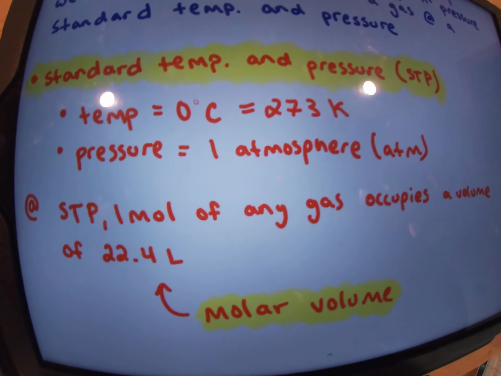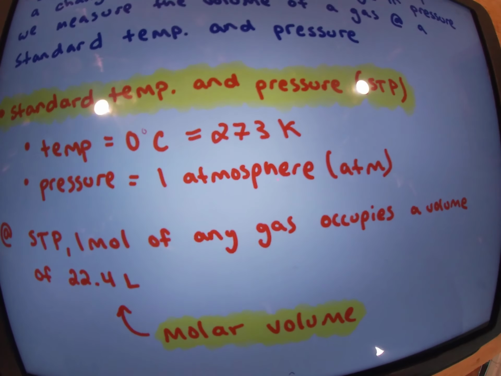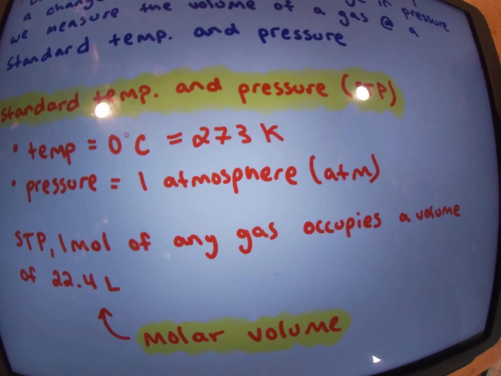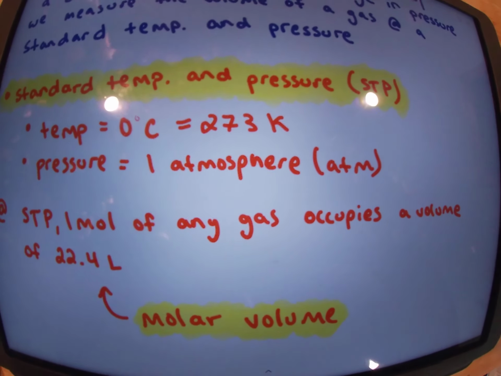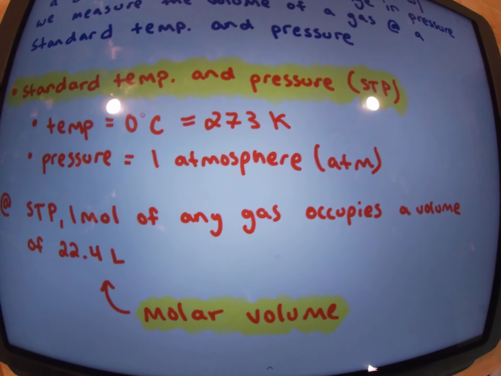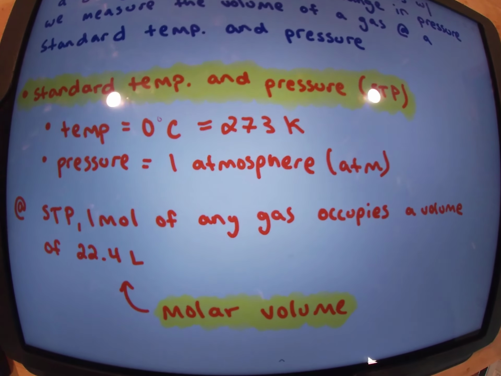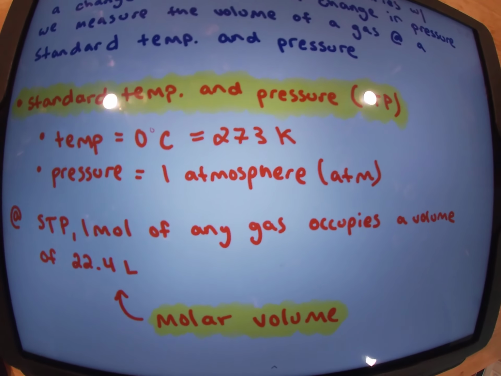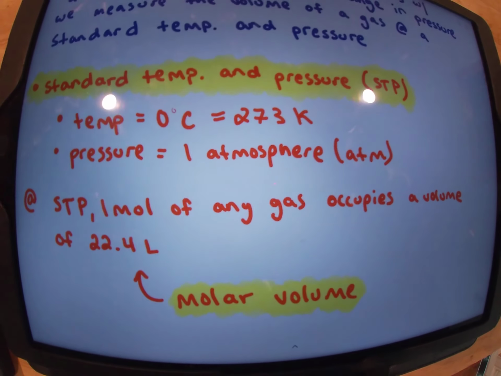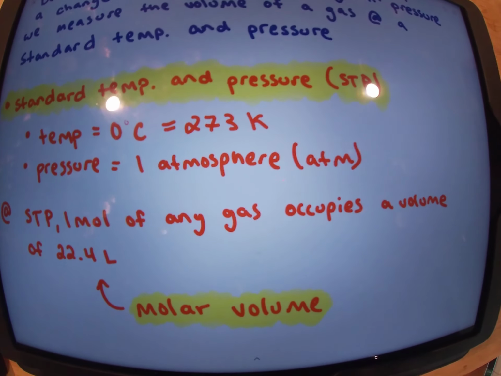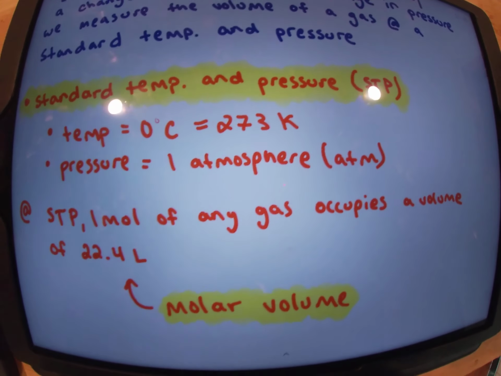The standard temperature is 0 degrees Celsius, which is also converted to 273 Kelvin. We're going to start using Kelvin from here on. Kelvin is a new unit for measuring the amount of temperature. And then the standard pressure is 1 atm or 1 atmosphere.